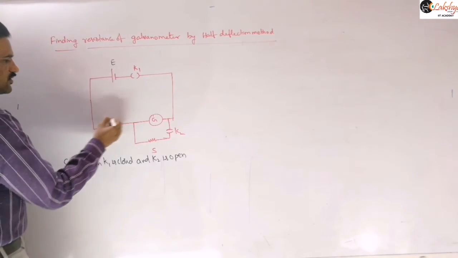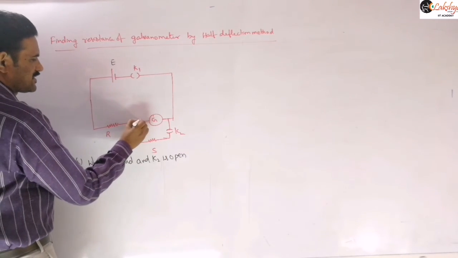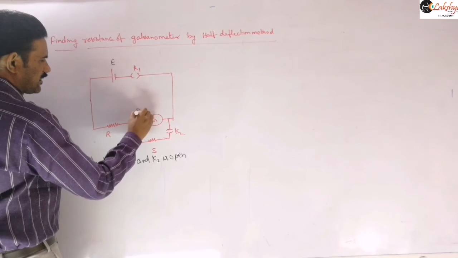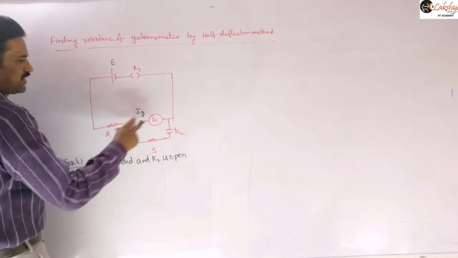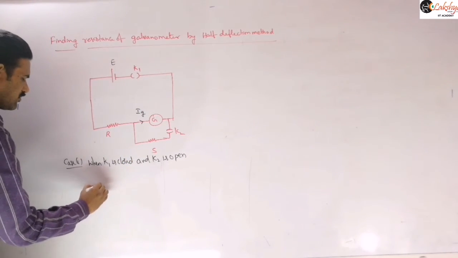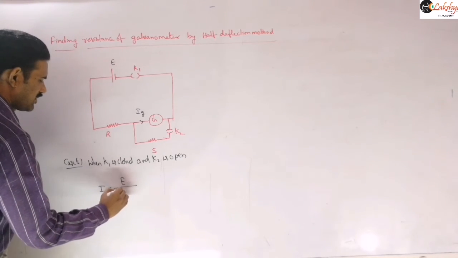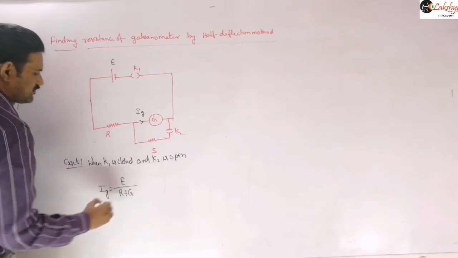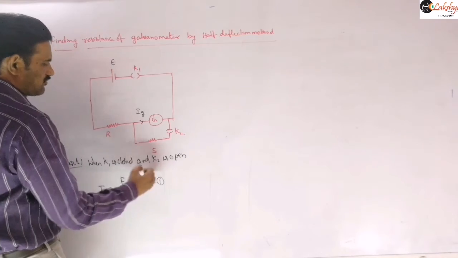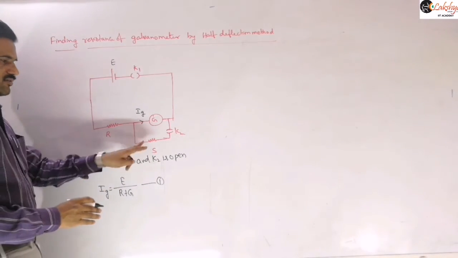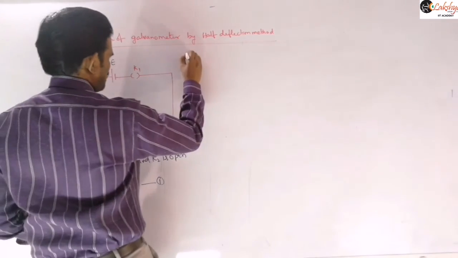Then the current flowing through the galvanometer, suppose Ig, does not include the parallel resistance. So Ig is equal to E by R plus G. Let's suppose this is our equation 1, simply the experimental equation here. Next, case 2.